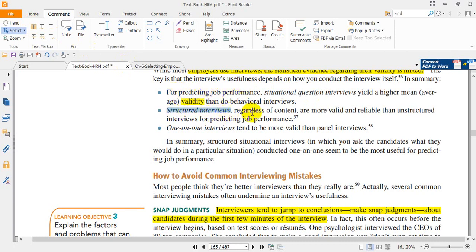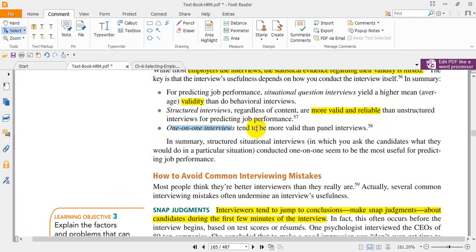Structured interviews, regardless of content, are more valid and reliable than unstructured interviews. Structured are more valid and reliable than unstructured interviews for predicting job performance.